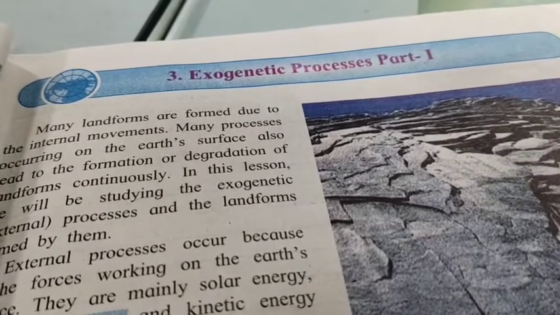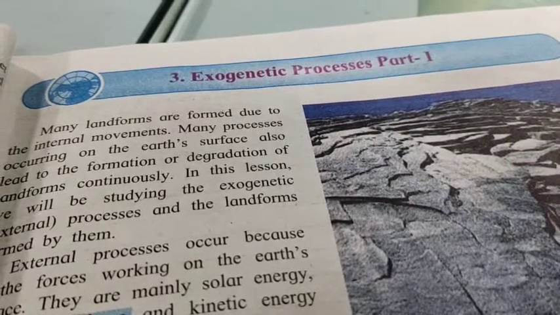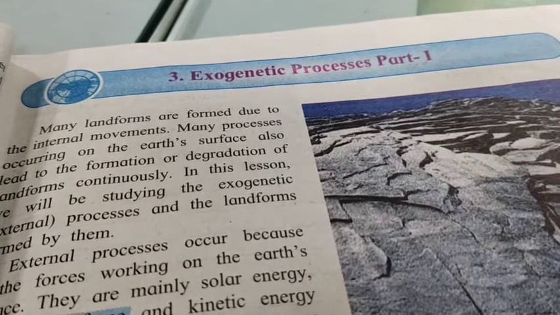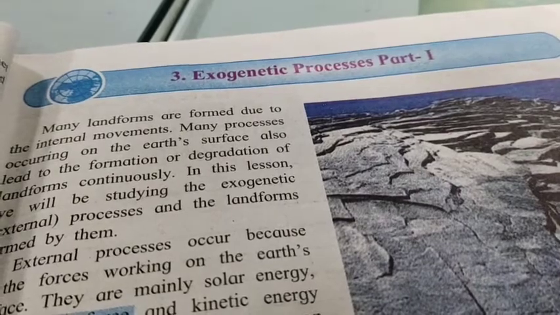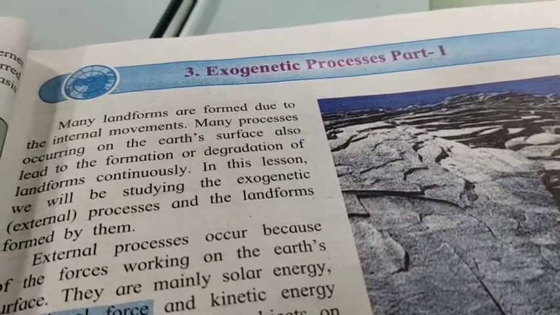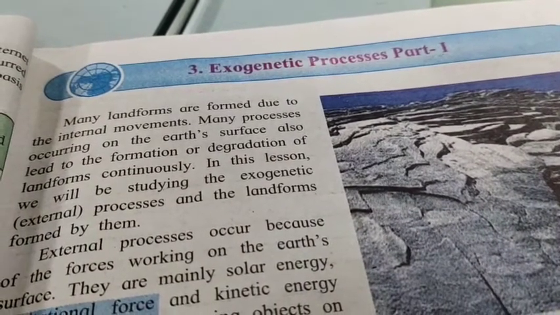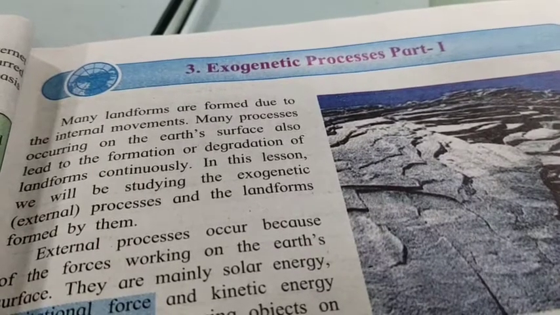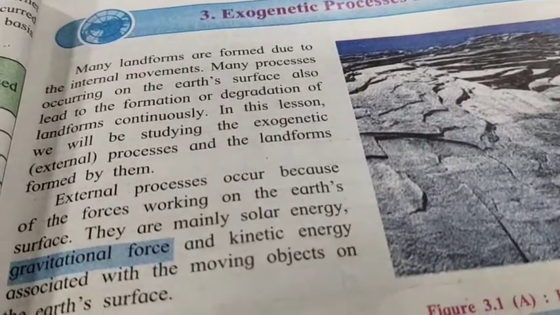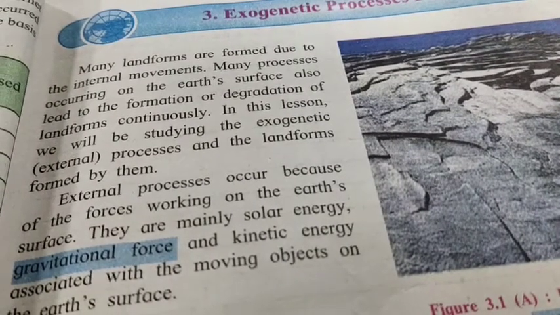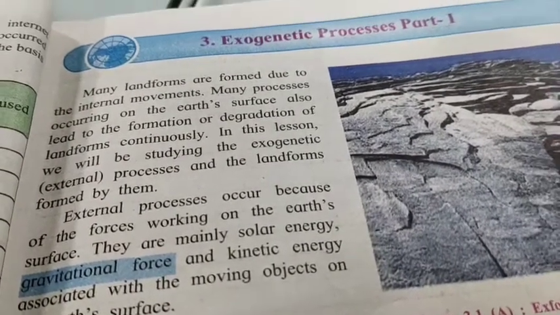So the processes that happen on the earth or close to the surface of the earth are called exogenetic processes. Yesterday we tried to understand the factors responsible for these external processes. They are solar energy, gravitational force and kinetic energy.